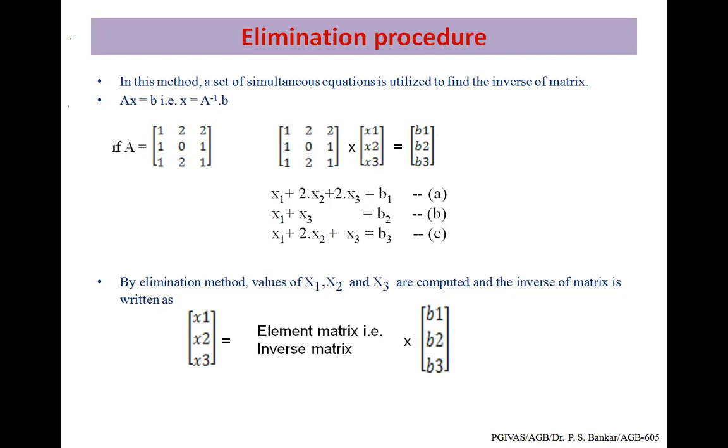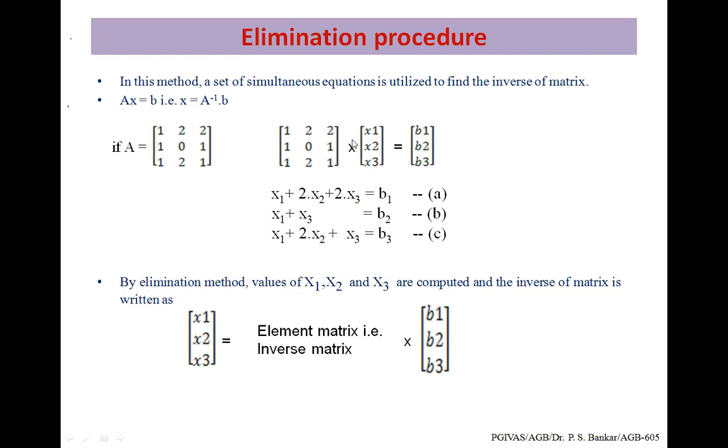So now we can transform this equation into binomial form. Here we multiply each and every element, just like a scalar multiplication of two matrices. We can have x1 plus twice x2 plus twice x3. This is going to derive the value b1.